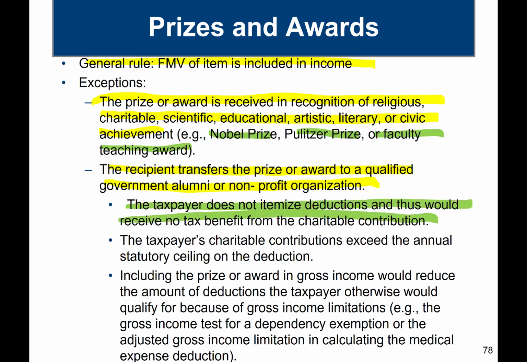Because what's happening? You say, I'm going to give it to UC Berkeley, whatever, and then you take the charitable deduction because you've itemized, so you've gotten a tax benefit off of that. So they're going to say, no, include that in your gross income then. Even if you do give it over, you'd still have to include it.